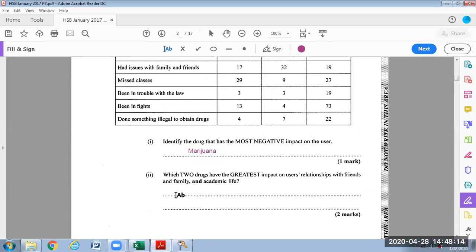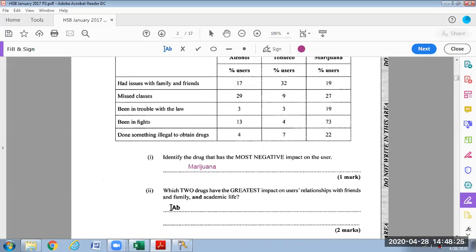Next one. Two drugs that have the greatest impact on users' relationship with friends and family and academic life. Two drugs. So let's see. Relationship with friends, had issues with family and friends. Tobacco is the highest. And academic life, alcohol.